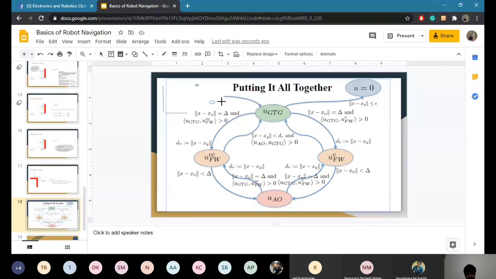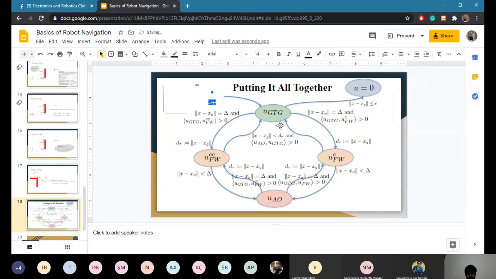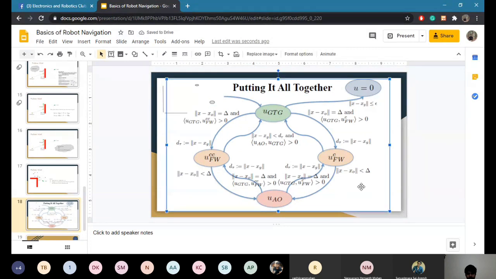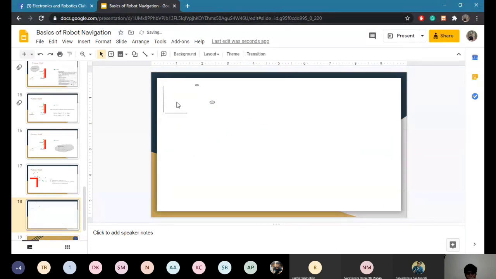Suppose this is the current position of my bot, the position at time t, and this is the goal that I want to reach. I'm measuring both positions with respect to this coordinate system, so this will be x and this will be xg. So modulus of x minus xg will give me the distance from the current position of the bot to the goal position.